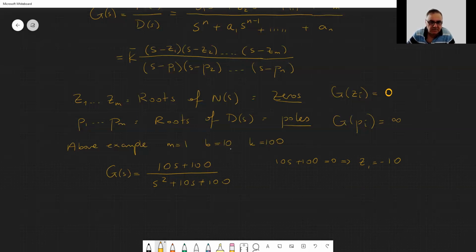And s squared plus 10s plus 100 equals 0 gives you the poles of this system, the values of s that satisfy this equation. They are complex poles, -5 plus minus 10 root 3 over 2 j. So this is a zero, and these are the poles.